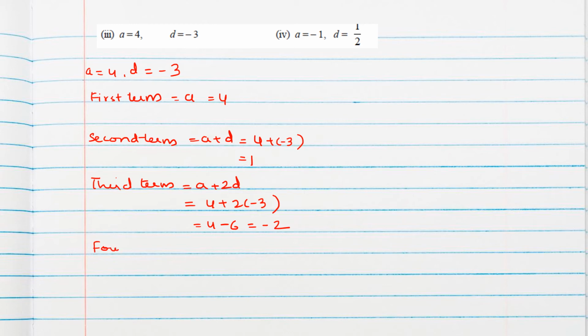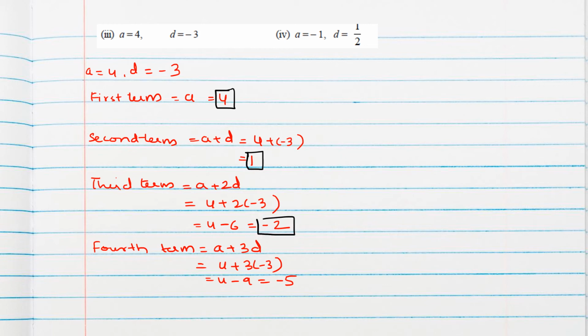And the fourth term will be A plus 3D. So 4 plus 3 into minus 3: 4 minus 9, which will give minus 5. So these are the first four terms: 4, 1, minus 2 and minus 5. Therefore, the first four terms are 4, 1, minus 2 and minus 5.